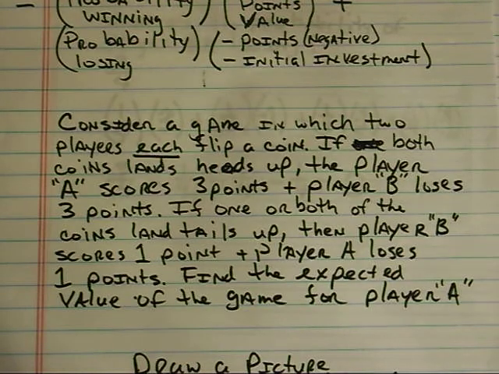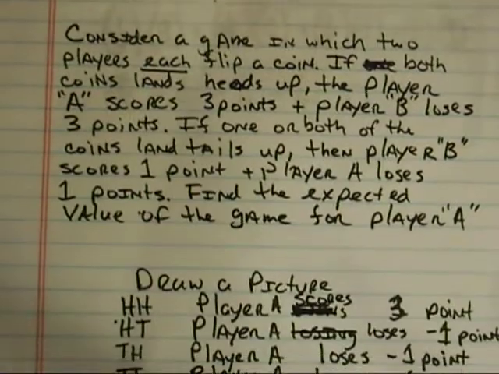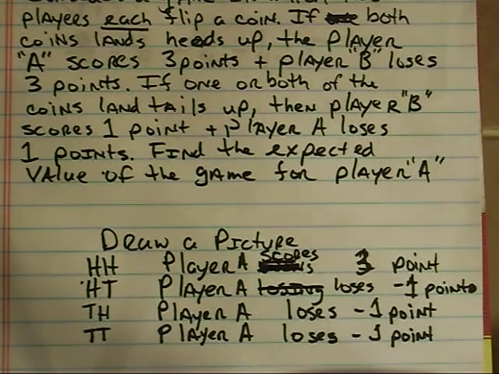One of the things I always recommend is that you draw a picture, so I gave you more of a visual in this situation. Take a look at it. HA stands for heads up for both players. In the first situation, both players draw heads, which means player A scores 3 points.